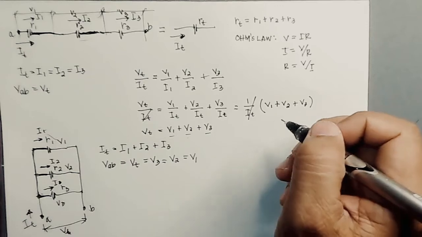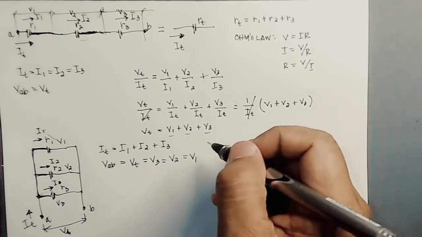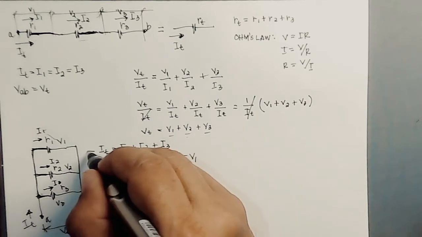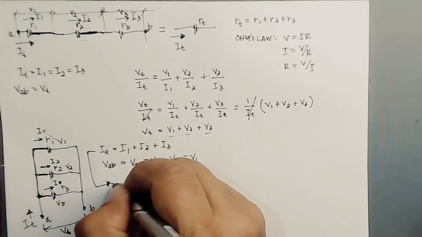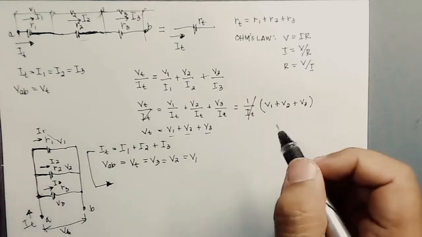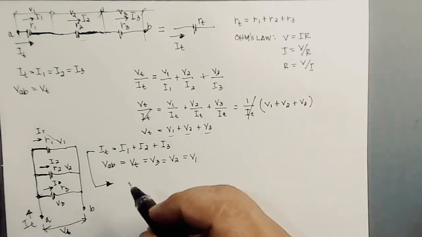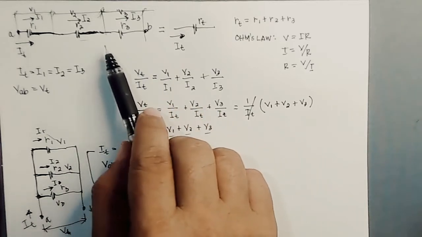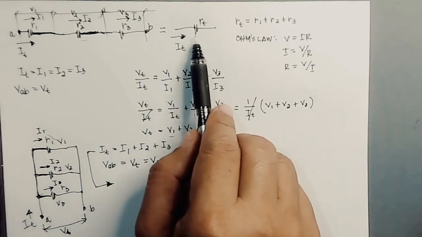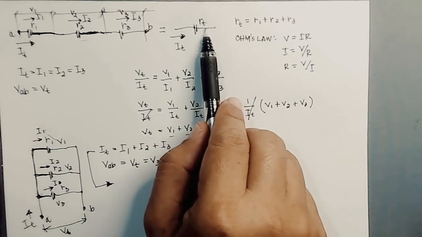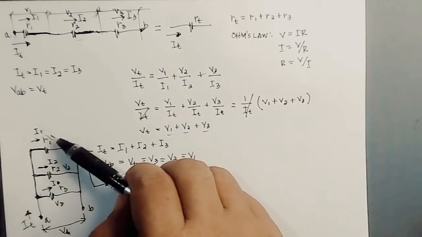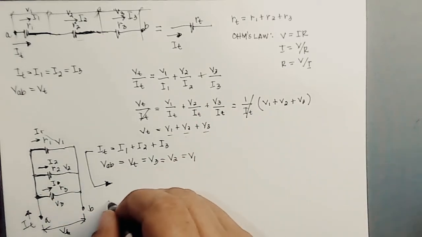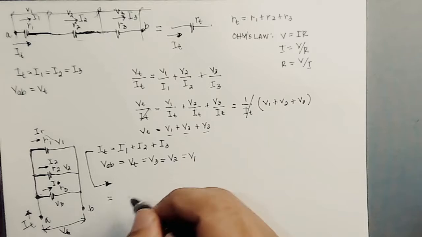How about the resistance? Now we can also use this equation to get the relationship of the resistances. By the way, as we have done in this connection, this can be represented by a single resistor R sub T. So also with this parallel connected resistances, you can have an equivalent resistor.